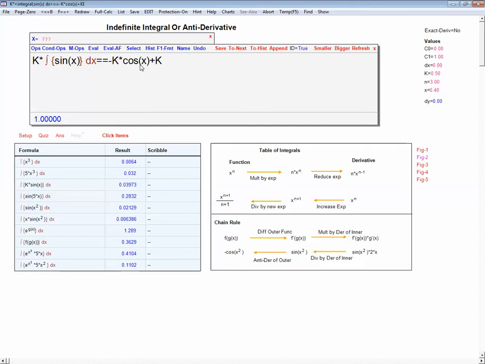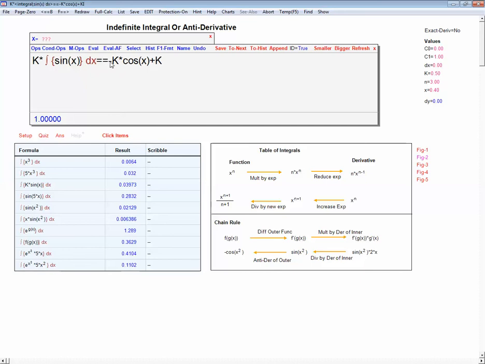That's how the program chooses the constant. It could be anything. So it says let x equal 0, and that's going to be my constant. And we know the cosine of 0 is 1, so that constant works out to be minus k, and when we add it back on, we get the equality that we want.